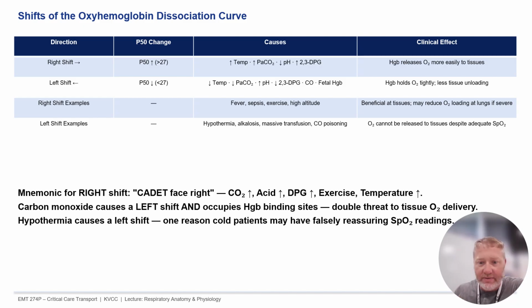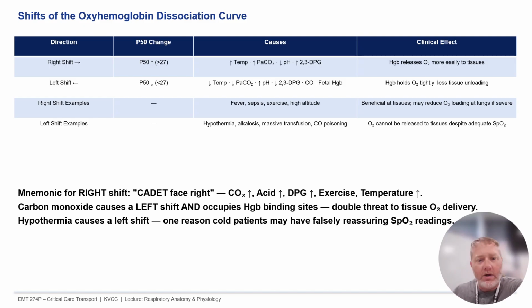A left shift, on the other hand, means hemoglobin holds on to oxygen more tightly and the affinity is higher. This occurs with decreased CO2, alkalosis or increased pH. So a hyperventilating patient, increased pH, decreased PaCO2, will shift your oxyhemoglobin curve to the left.